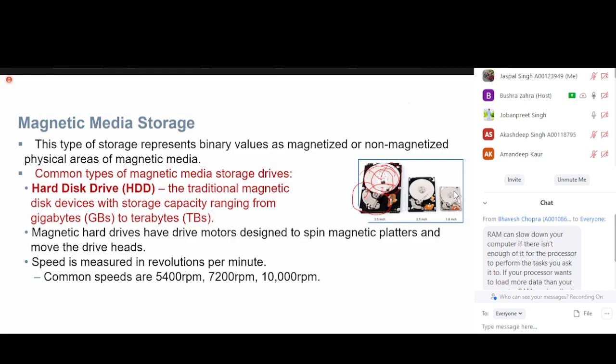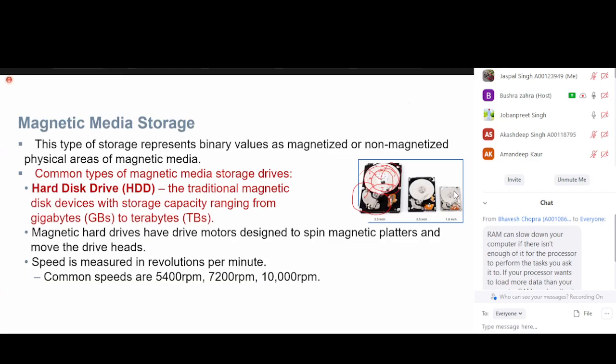Tracks are concentric circles, right? And a sector is a piece of a track, which stores a specific amount of data. So how is the data stored? By magnetizing and demagnetizing a particular area of the hard drive by moving the read-write head to specific locations.